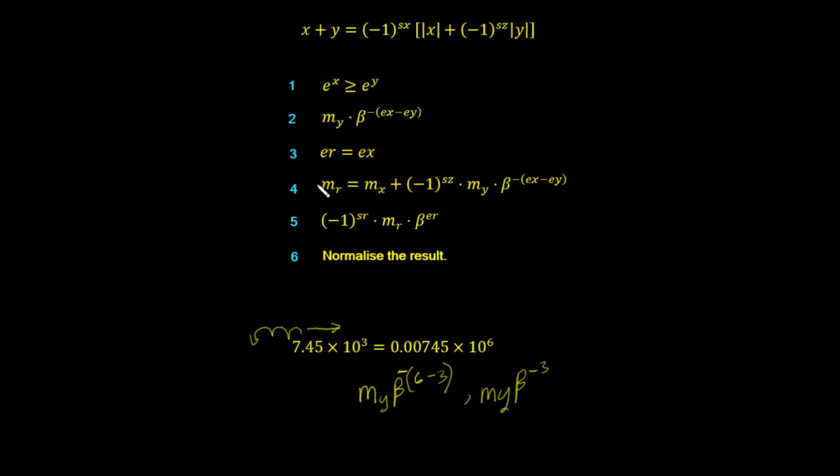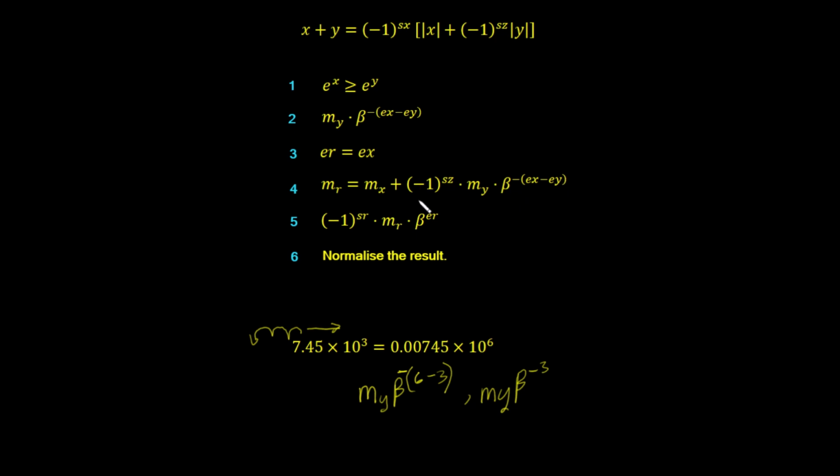So the mantissa for the result is going to be the mantissa for the value of our x, and we're going to either add or subtract the mantissa for y, which has already been realigned. So this is the realignment.